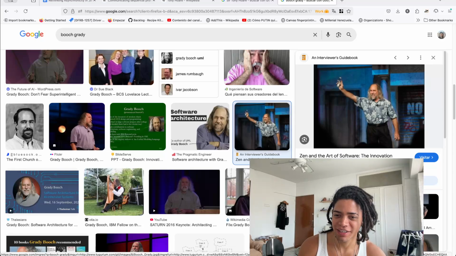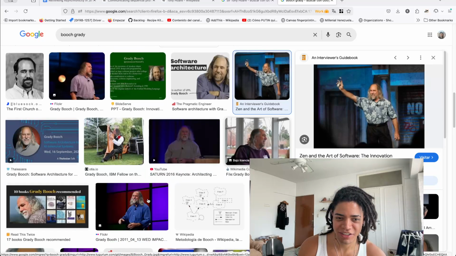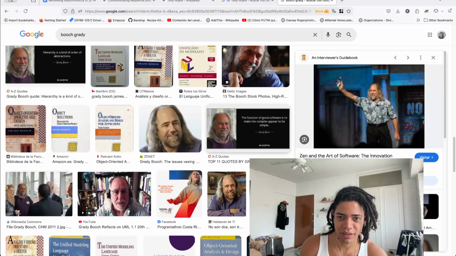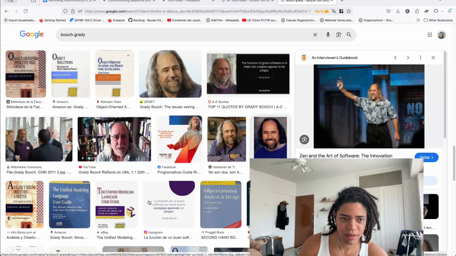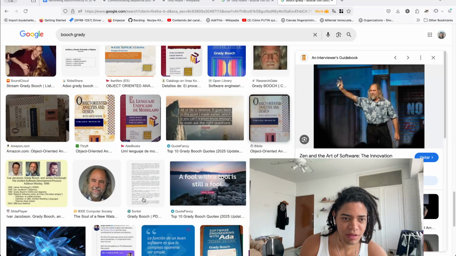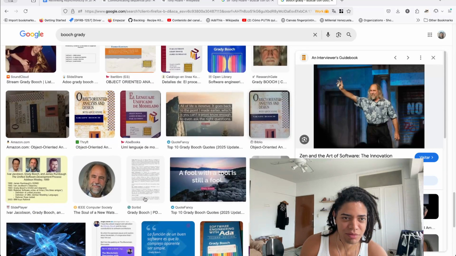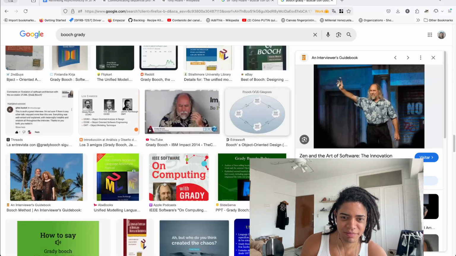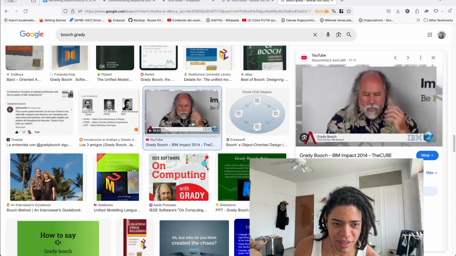That Hawaiian shirt. Okay. That's interesting. At IBM.